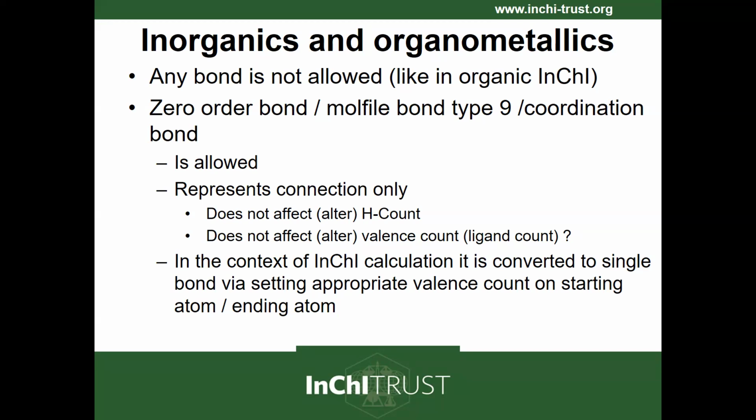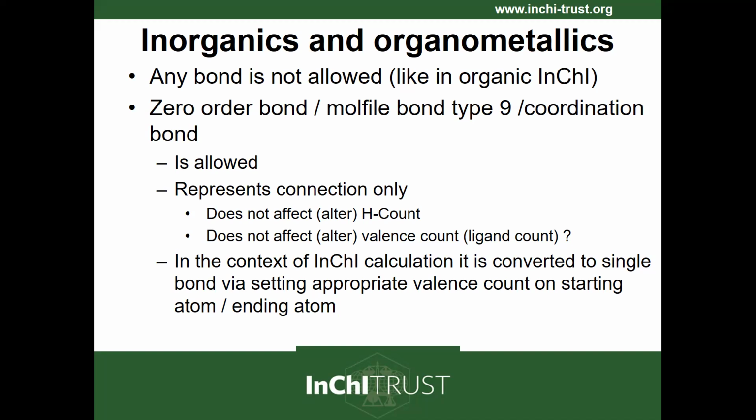We need that technical functionality to work on that. That means internally we are converting them to single bonds, and then adapting the valence counter, if it does exist, to the related value. So suddenly you may come up with a carbon with a valence of 5, so that you keep the right hydrogen count at the end, because the valence as such is not represented anymore in the InChI.